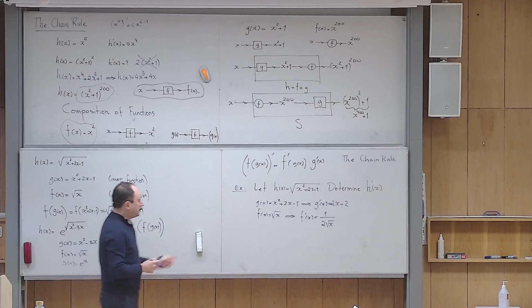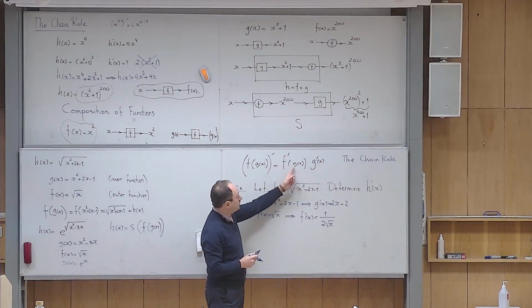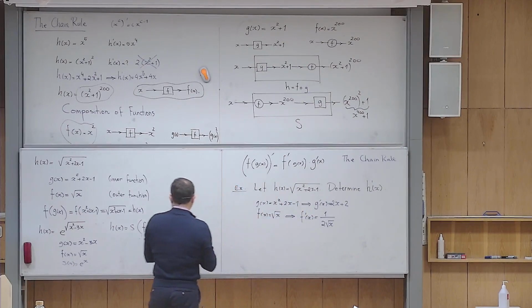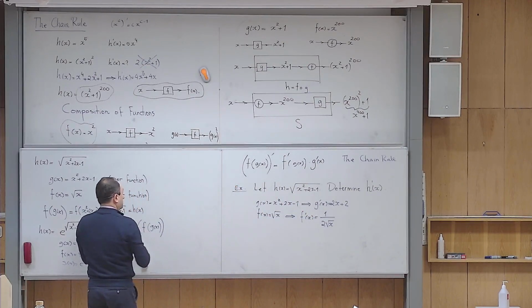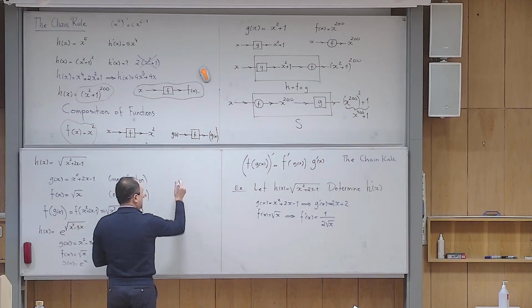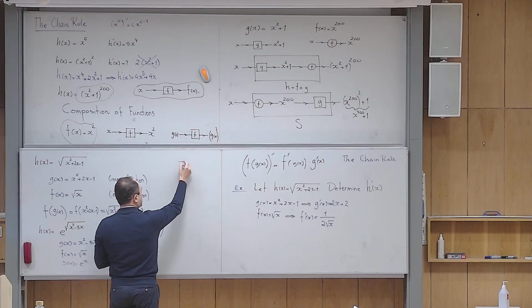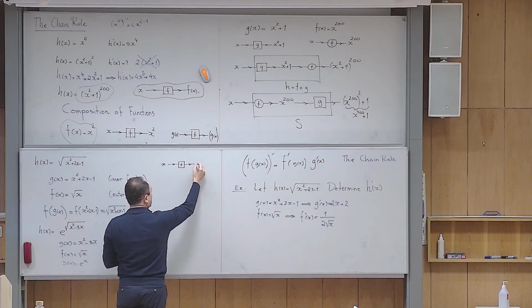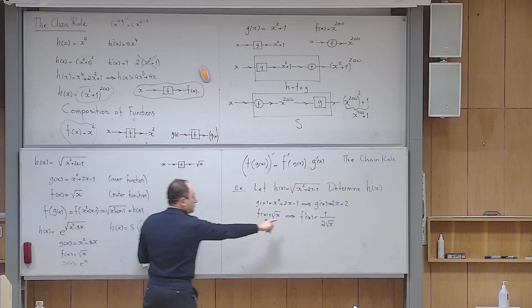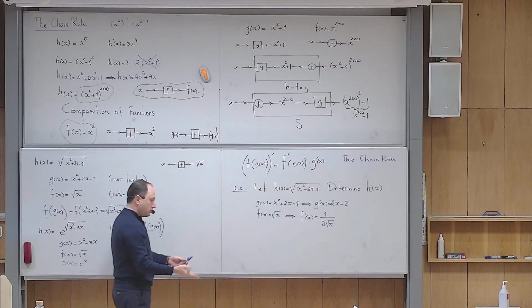But this is not exactly f prime of g of x. Let me go back to these diagram pictures, okay? This means that you need to visualize it in this way. I have a machine f. I send x to this machine. It gives the square root of x back. But the derivative is the derivative function.